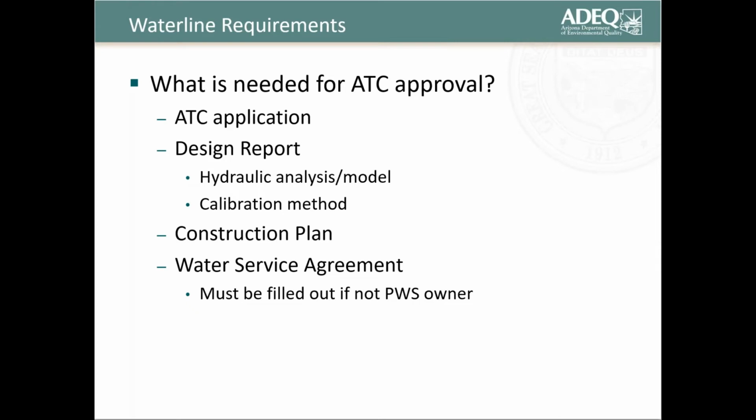So in the design report, though it includes the description and the proposed construction of the water line, you really look at the hydraulic analysis and make sure that it's completed and that it is appropriate for that design.